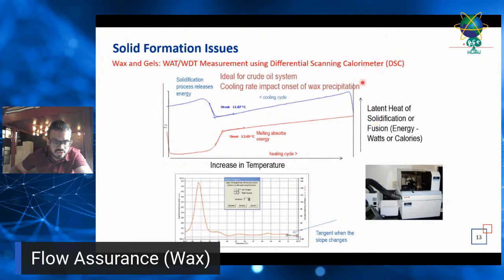All right. But the most accurate measurement would be through differential scanning calorimetry. It depends on the latent heat of solidification of your wax. As you can see here, as you cool down your fluid and it reaches the onset at this temperature, you can see there's a spike in the heat that is being emitted.